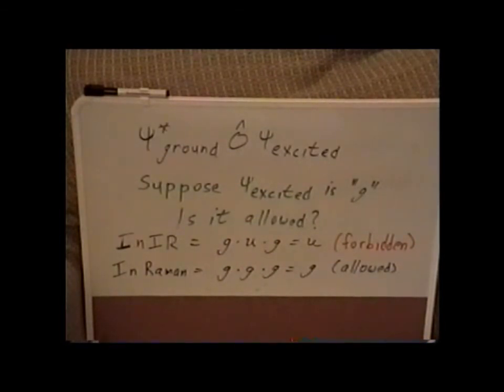Now, this is part of the reason why vibrational spectroscopy is so useful, because the only time we get this situation where a transition is either allowed in Raman or IR, but not both, is when we have a center of inversion. We have a centrosymmetric molecule.